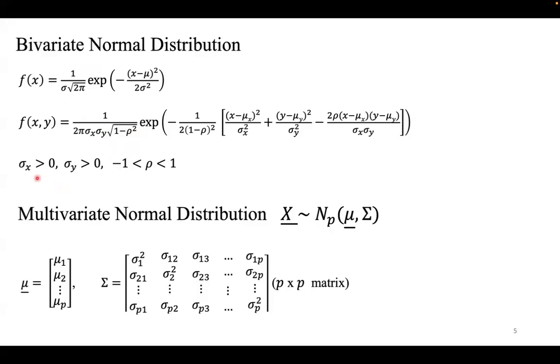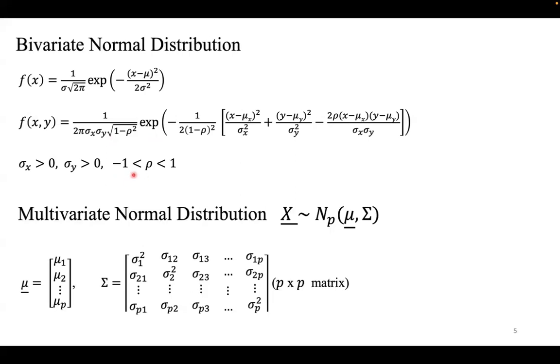Now, variances, right? These are always positive. We've seen earlier that for variances, or rather even standard deviations, we always take the positive value. But the Pearson's correlation coefficient is always between -1 and 1.